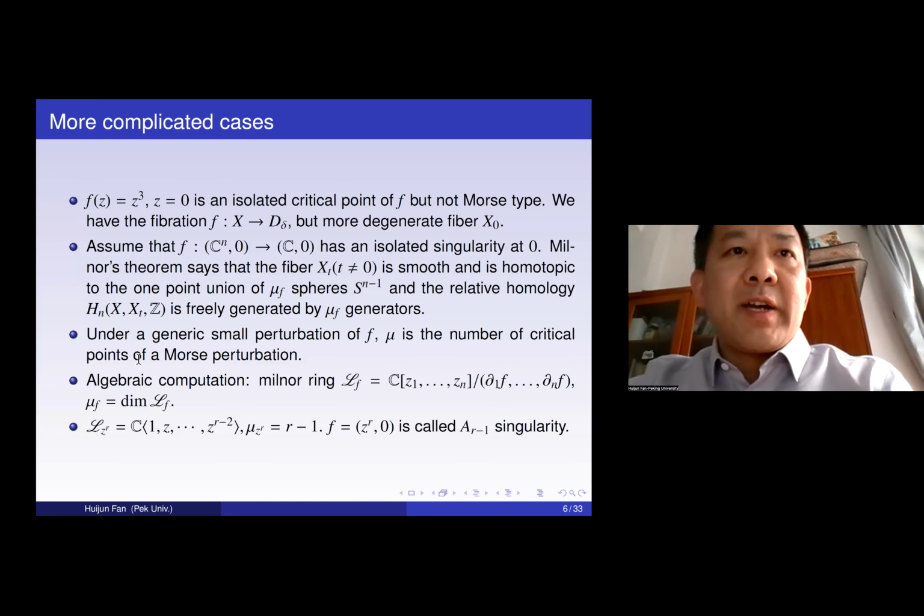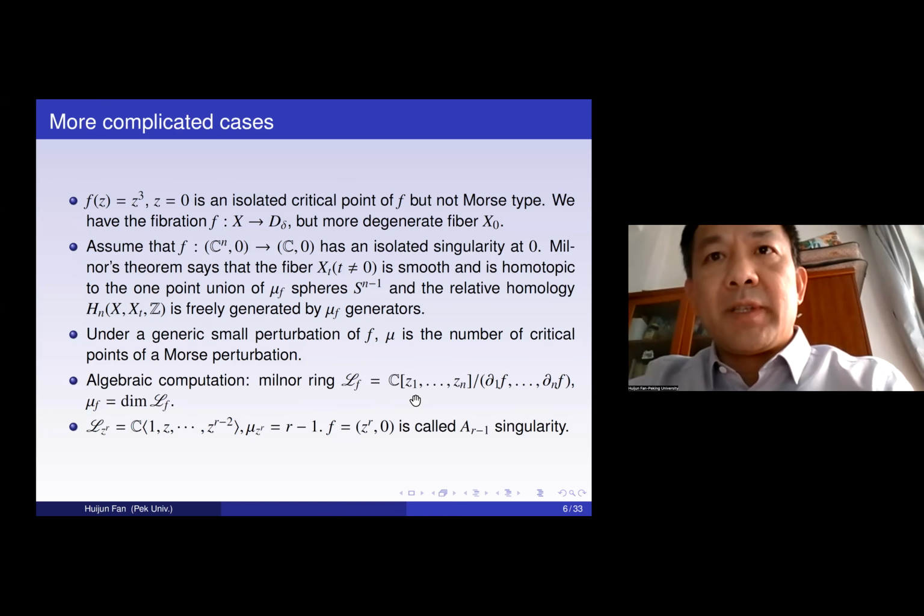So the Milnor number can be obtained in another way. You can consider a generic small perturbation of f, and then mu_f is the number of critical points of the Morse perturbation. We can also get mu_f from algebraic computation, because we can consider the Milnor ring.